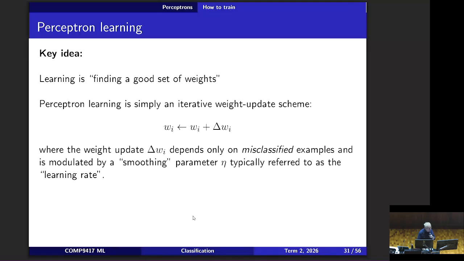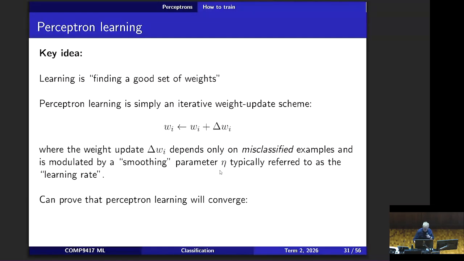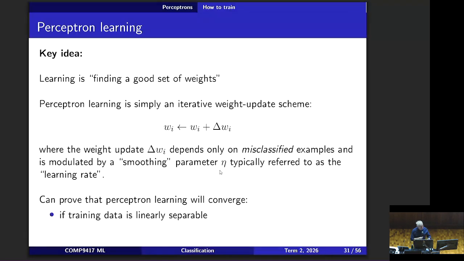Okay, so that's a lot of setup. Oh, there's also a learning rate or smoothing parameter. I'm typically not going to talk much about the learning rate. In fact, in the derivation, I'm going to basically ignore it. And one interesting property is that you can prove that the perceptron training algorithm I'm going to show you will converge if the data is linearly separable.